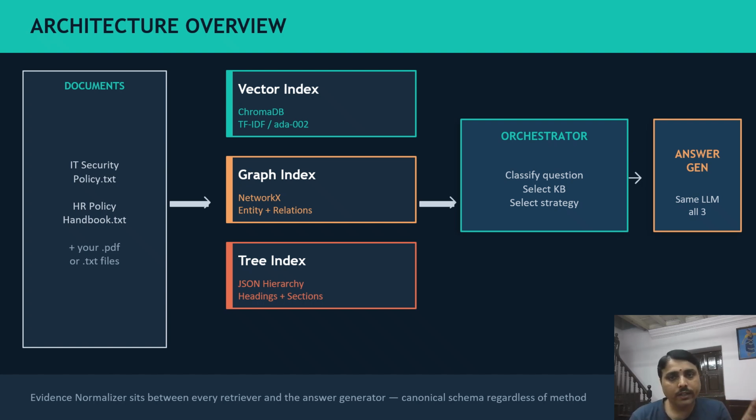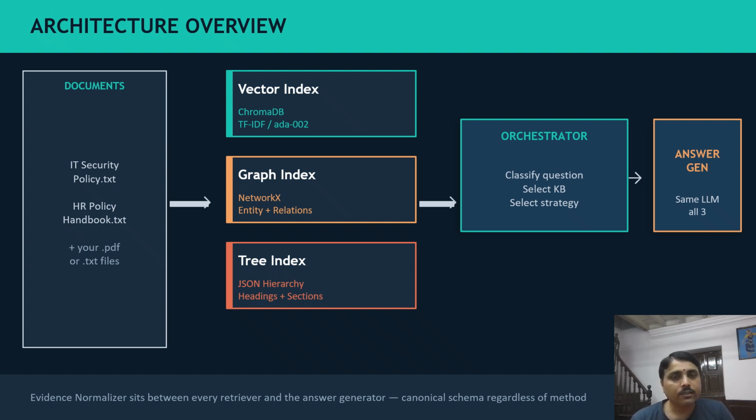Documents feed into three separate indexing pipelines simultaneously. The vector index chunks text and embeds it into ChromaDB using TF-IDF. In production, it will be swapped to ADA002.